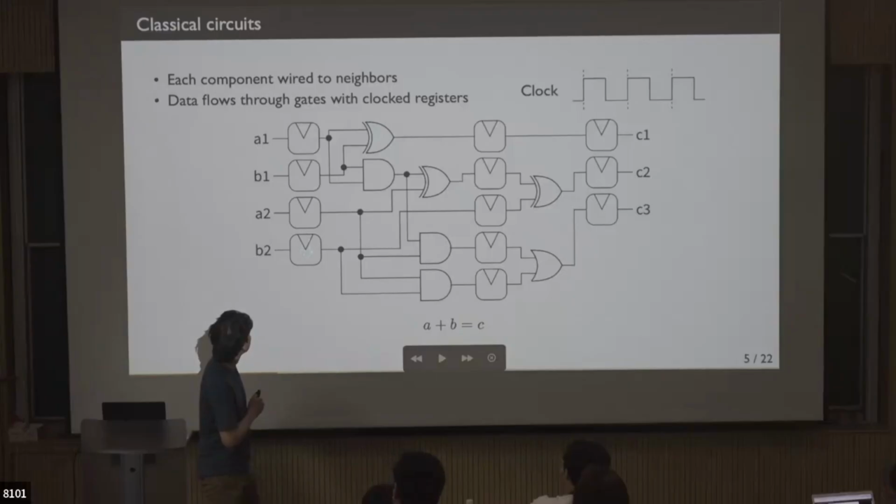And these components are what classical digital circuit people call registers. Each register is provided a clock signal, which at the rising edge of the clock takes the input and copies it to the output and holds it.